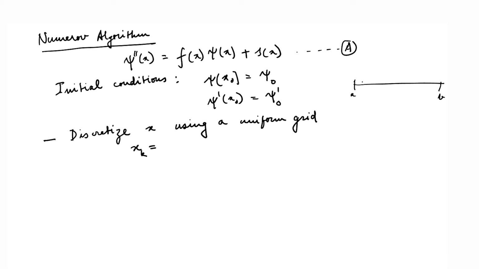I divide it into a certain number of grid points. So, this is 0, this is 1, 2, 3, 4, this is k, and it goes on and on. Now x at k is given by k delta x, where delta x is the width of this particular grid.